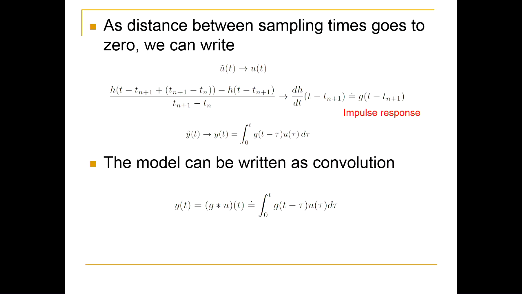Why? We will show later that the Laplace transform of the convolution of two signals is the product of the Laplace transforms of the two signals themselves. So basically, the Laplace transform of this integral is the Laplace transform of g times the Laplace transform of u. So if I take the Laplace transform of y and the Laplace transform of all of this, I will get that the Laplace transform of y is equal to the Laplace transform of g times the Laplace transform of u.